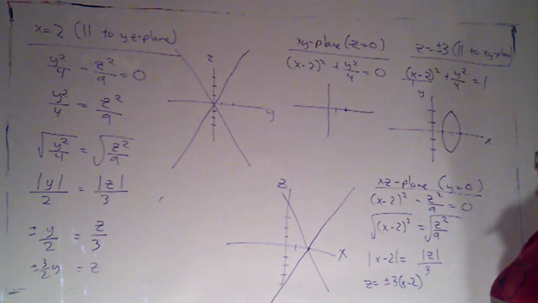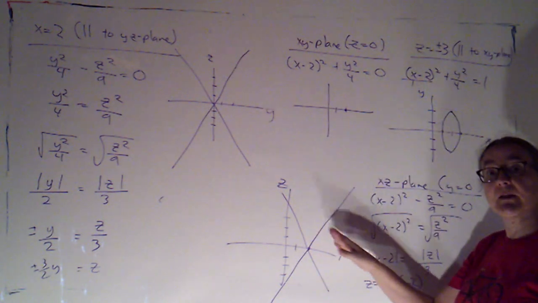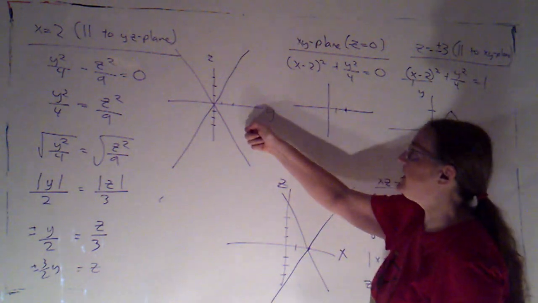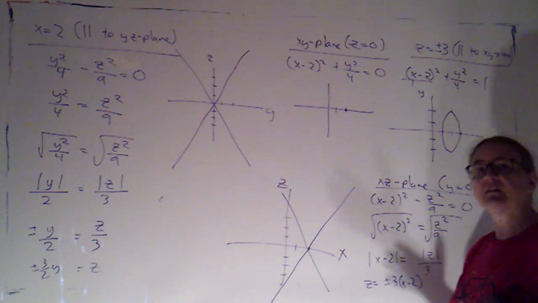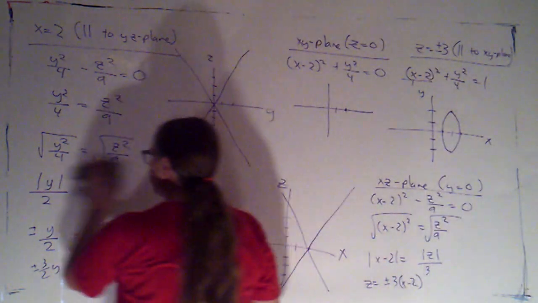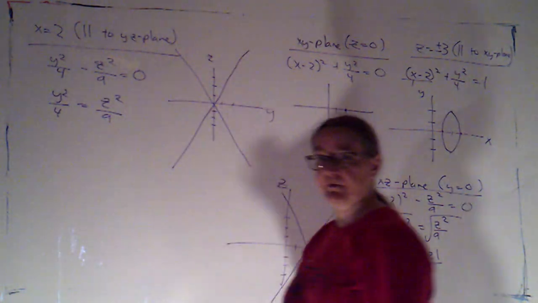So I'm getting something that looks like this. So 2 of my traces in the planes that pass through the center are going to be degenerate hyperbolas. If I move to parallel planes, I'll get non-degenerate hyperbolas, but those degenerate hyperbolas are going to be crucial in my sketching this shape in 3 space.